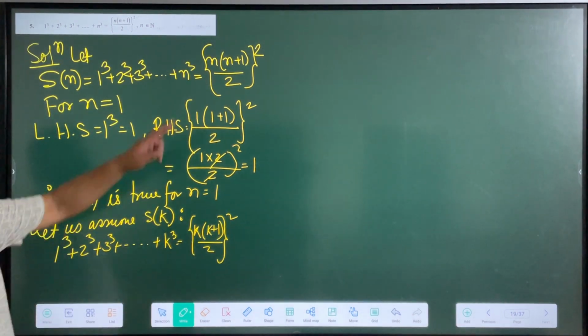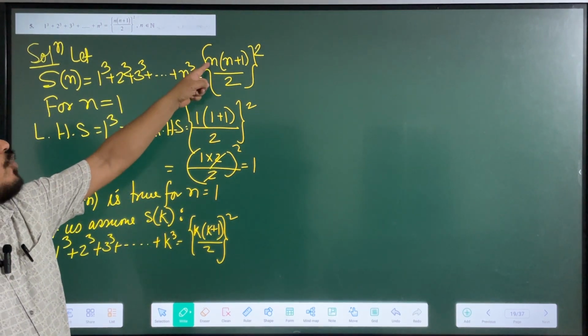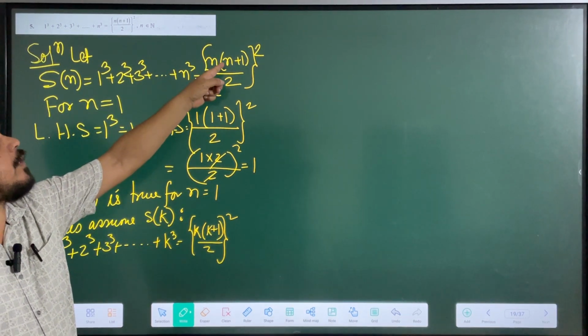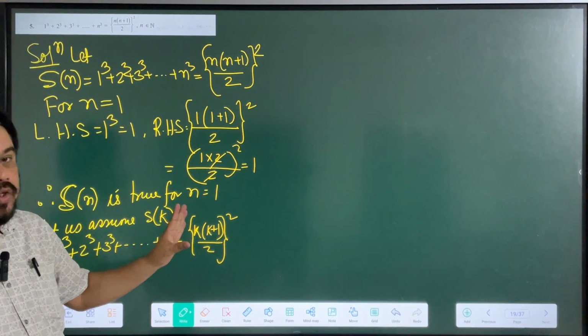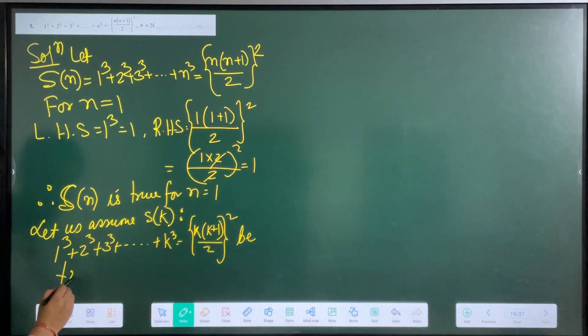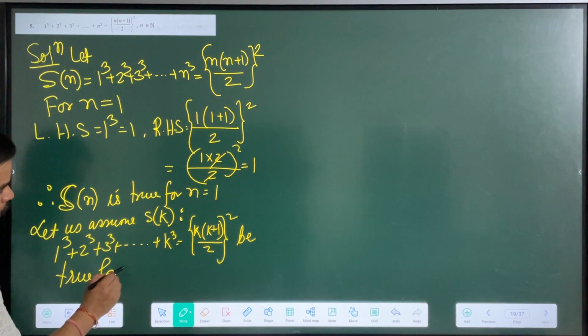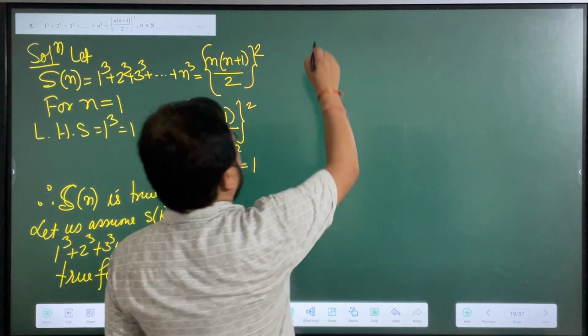I hope you understand. n into n plus 1, now k into k plus 1. In place of n, k plus 1. Now we have written in place of n, just only k. Be true for n equals to k. Second part is finished.